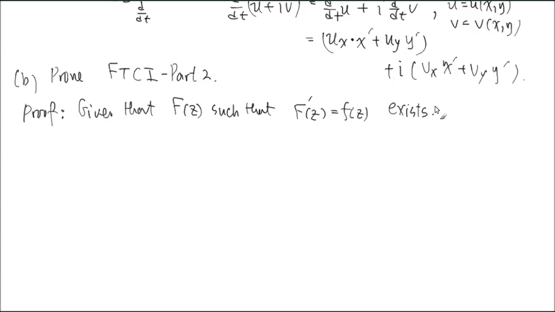It gives you an integration formula, a definite integral formula of this f(z). Therefore, it implies the antiderivative exists. And here in part 2, we start with having found it. The existence is given, and part 1 shows that it always exists if it is a continuous function.